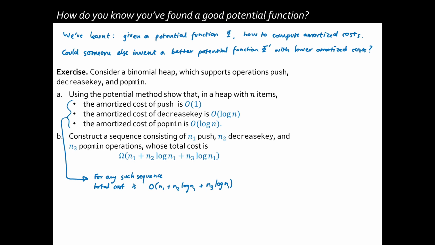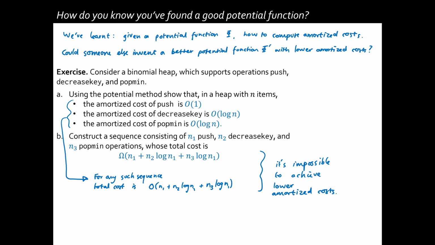So for any possible sequence of n1 push, n2 decrease key, and n3 pop min, the total cost is O of this expression here. The question is asking us to prove that there exists some sequence whose cost is lower bounded by exactly the same expression. And if we have these two, if we have a matching upper and lower bound, that tells us that it's impossible to do better.